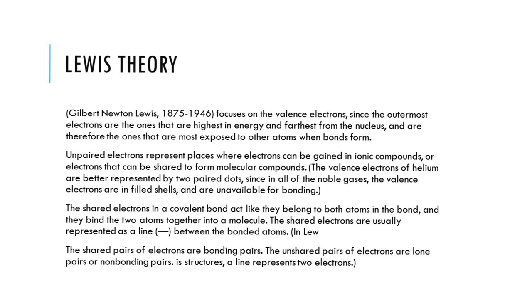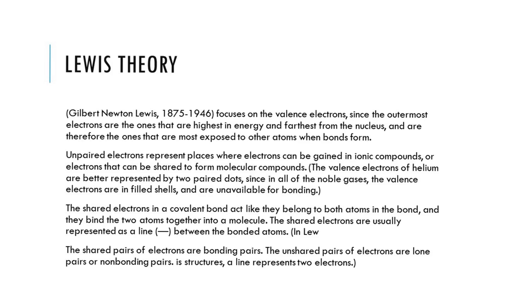The valence electrons of helium are better represented by 2 dot pairs, since in all the noble gases, the valence electrons are in filled shells and not available for bonding. The shared electrons in a covalent bond act like they belong to both atoms in the bond, and they bond the 2 atoms together into a molecule.